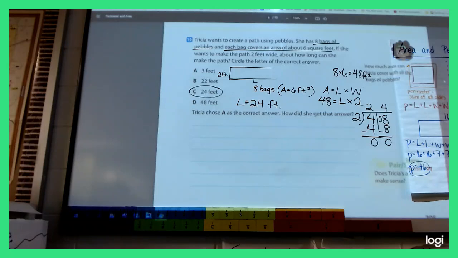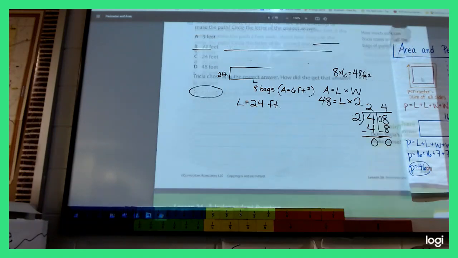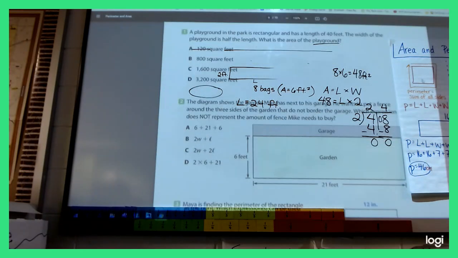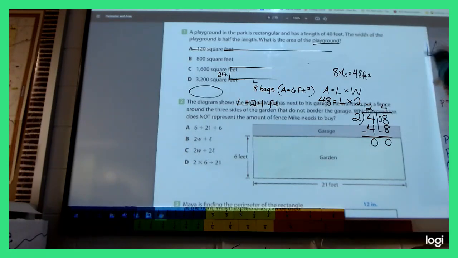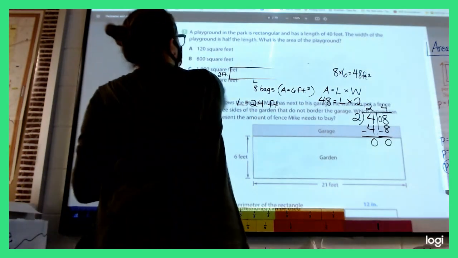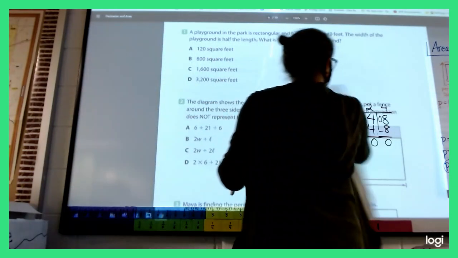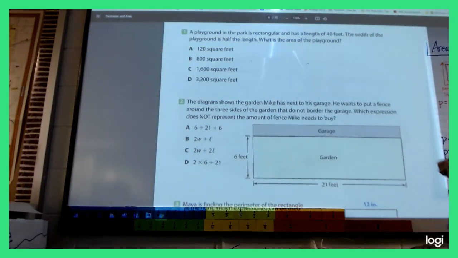All right. Please flip one more page. We're going to look at one more problem, or two at that time. All right.